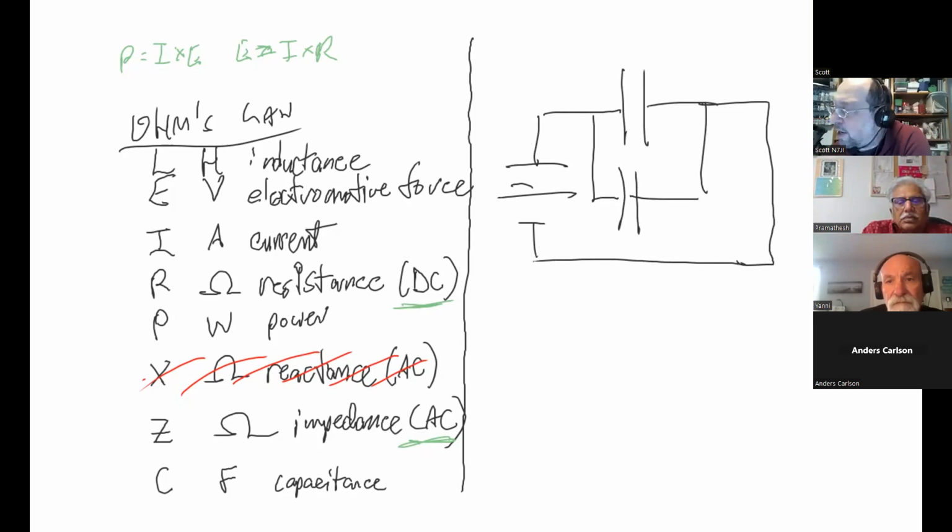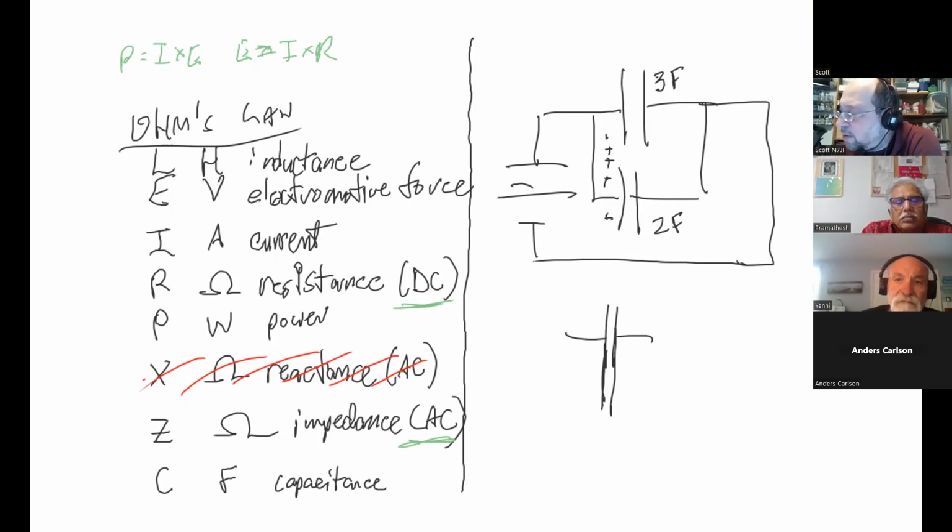If this one has a capacitance of 3 farads and this one has a capacitance of 2 farads, could you see that they are actually plates like this? And instead of drawing it like this, I could actually just take those and make these plates bigger, because these on the left-hand side all get charged up to plus at the same time, and these on the right-hand side are all minuses at the same time. Does everyone agree with that?